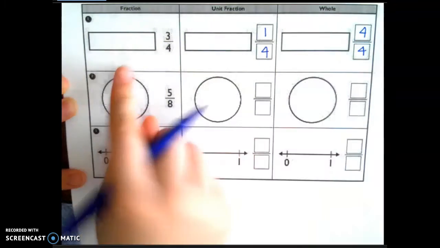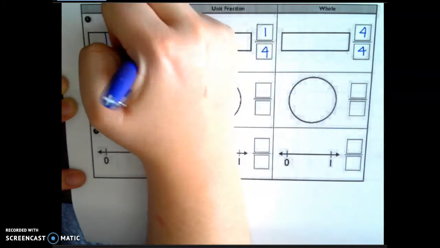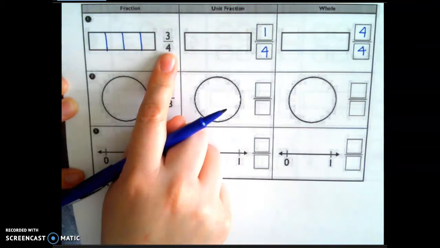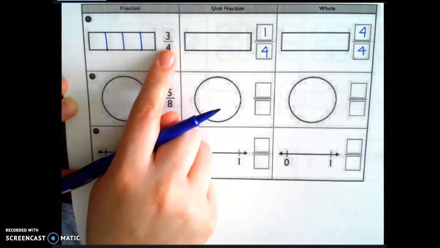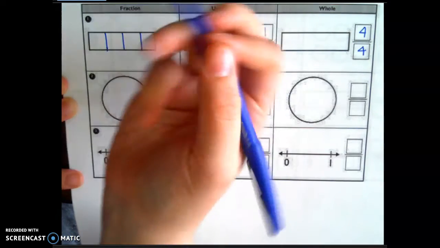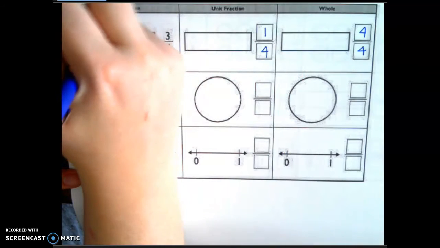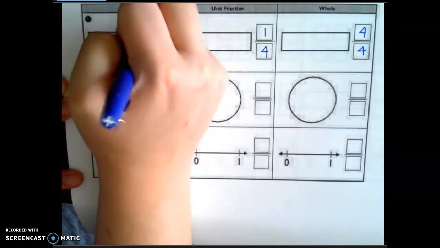okay? So I'm going to break my fraction up. And I'm doing 4 parts in my fraction because my denominator is 4, and your denominator tells you the equal parts in your whole. And then I'm going to shade 3 of them because that is what my fraction is representing. Okay?